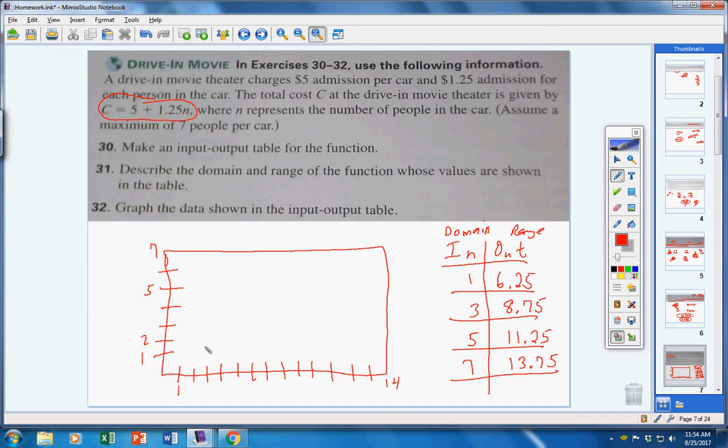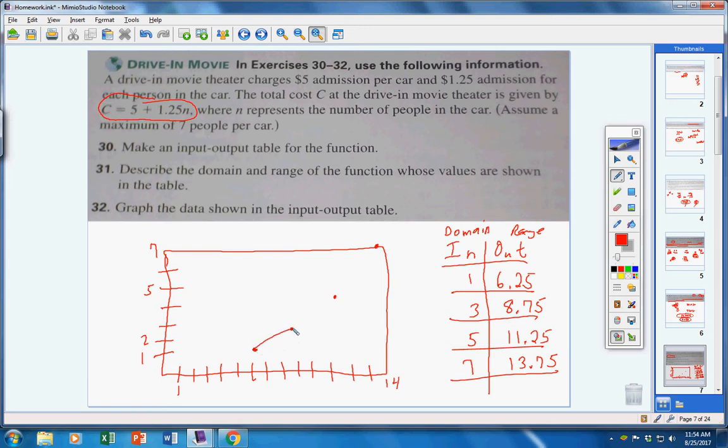So 1 person, 6.25, so 1, 2, 3, 4, 5, 6, about right there. 3 people is 8.75, so 6, 7, 8.75, up at 3, about right there. 11.25, so 9, 10, 11.25, up there to 5, about right there. And then over to 13.75 up to 7 people.